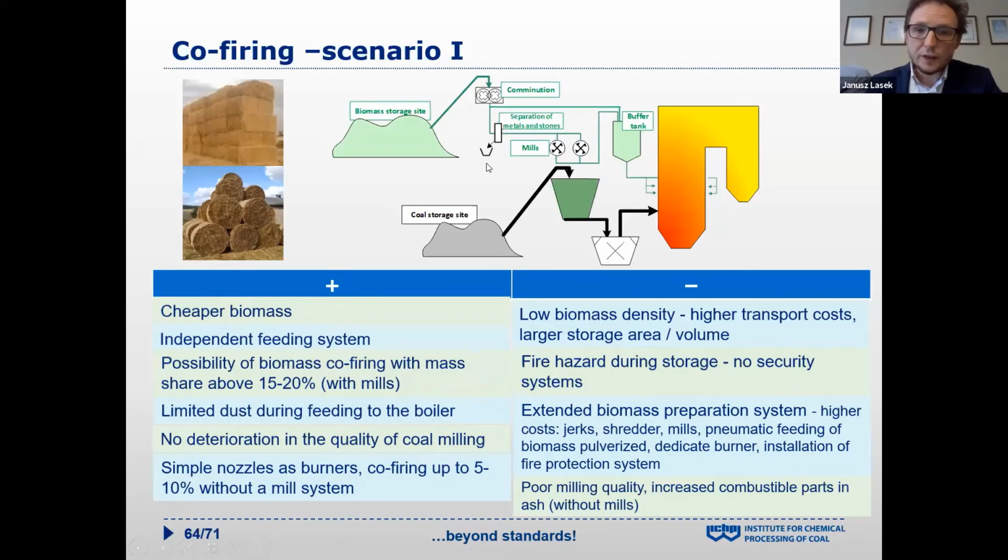We have an independent feeding system, so we can stop the biomass stream any time we wish, if we notice that some problems exist in the boiler. But the main disadvantages are that you have to prepare specific transportation facilities, and in such a solution we have to pay attention to safety issues, because we don't assume some very specific security systems.